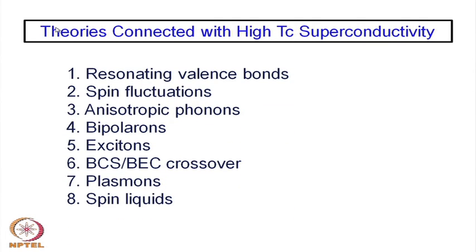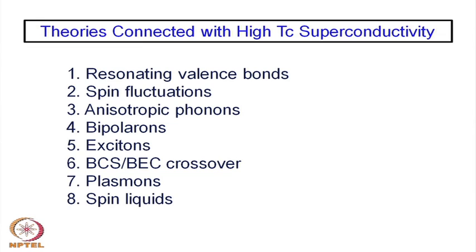However, such theories have been questioned with the discovery of high Tc superconductors. In high Tc superconductors, we are talking about high temperature. So, what happens in low temperature may not happen in high temperature, and therefore, there is a question mark on the applicability of the BCS theory in the ceramic superconductors.